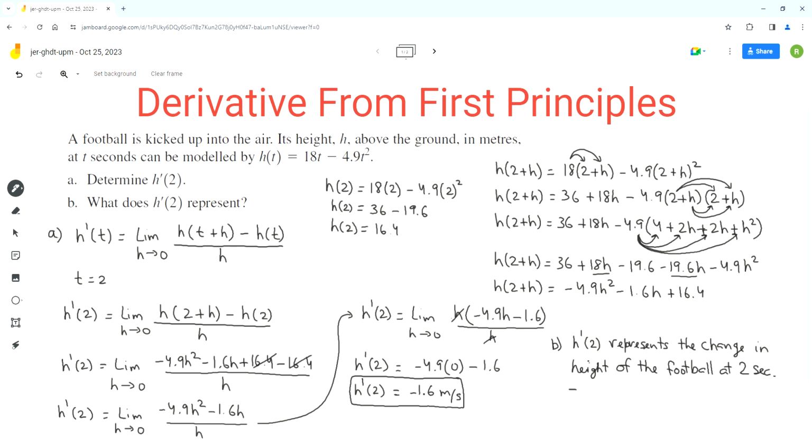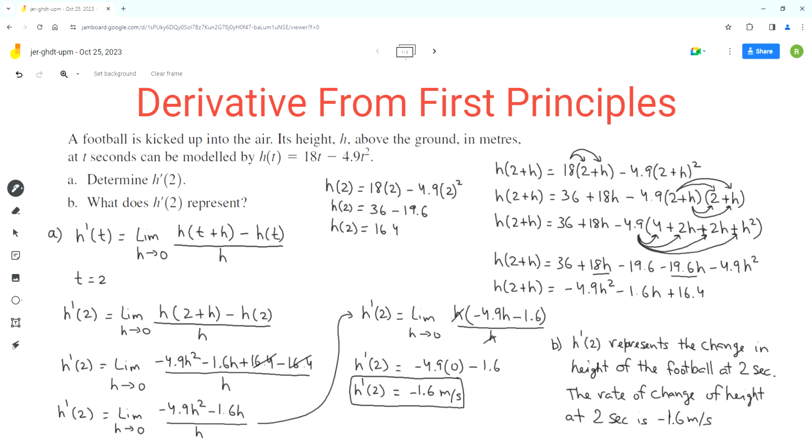And the rate of change of height at 2 seconds is negative 1.6 meters per second, which means the football is not gaining height, it is coming down at the rate of 1.6 meters per second.